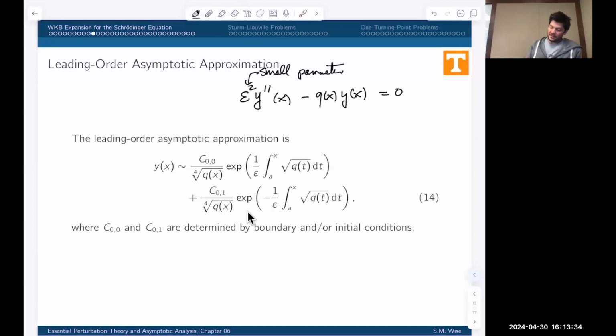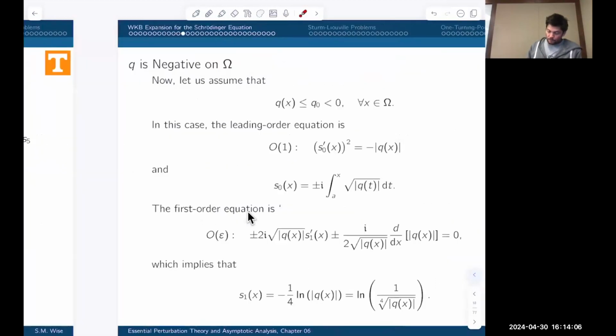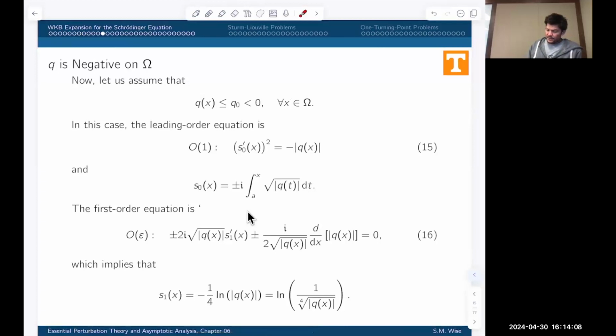Remember, in the matched asymptotics case where we had boundary layers, we saw solutions which looked something like that, where as epsilon approached 0 this was singular because we lose one of the boundary conditions, but it was essentially converging to a function which is pretty well behaved. But in this case, we can converge to all manners of interesting solutions, one of which is the case where the solution just becomes highly oscillatory. That's the case whenever Q is a negative function and bounded away from 0.